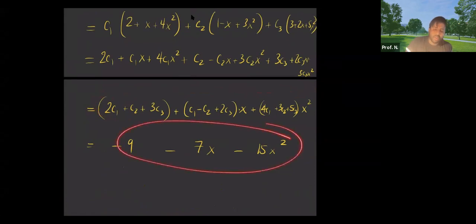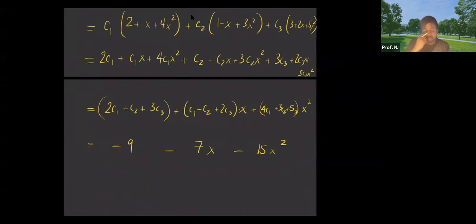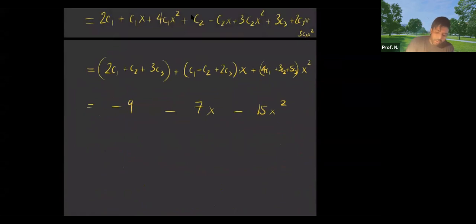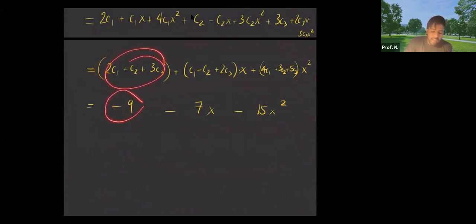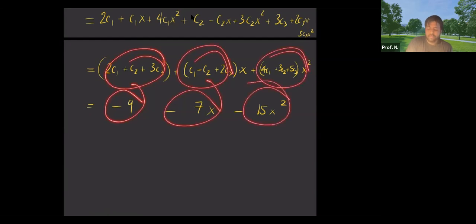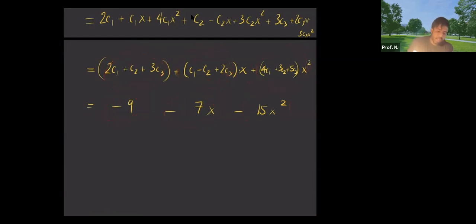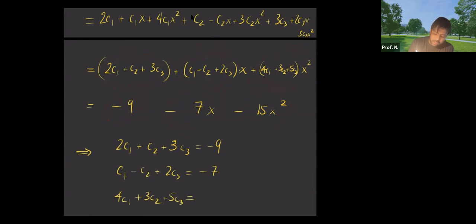This is the result, P. Now, in order for these two polynomials to be the same, the components have to be the same, right? So look what I get. The result is 2C1 plus C2 plus 3C3 equals -9. C1 minus C2 plus 2C3 equals -7. 4C1 plus 3C2 plus 5C3 equals -15.